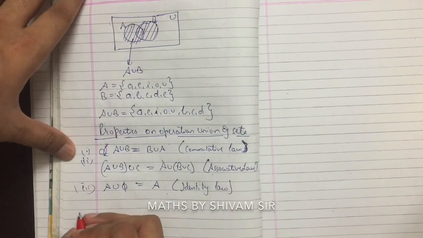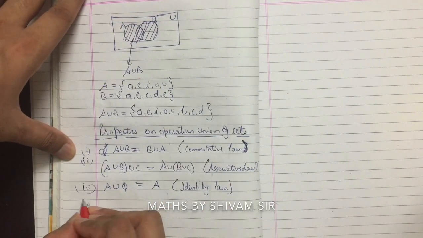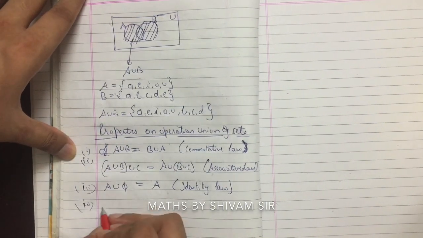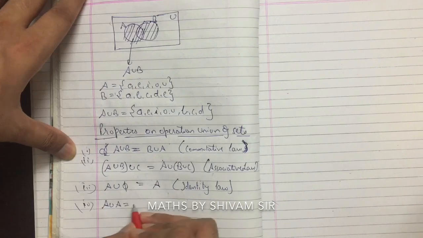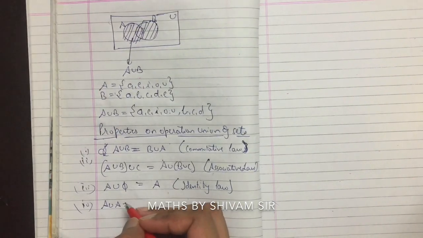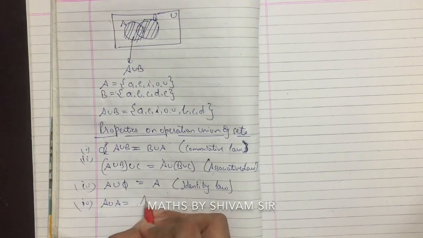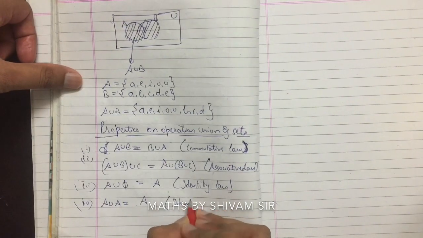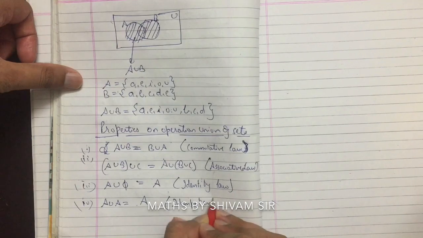Next, the fourth property is A union A. A set union with itself is A. Again, this is the idempotent law.